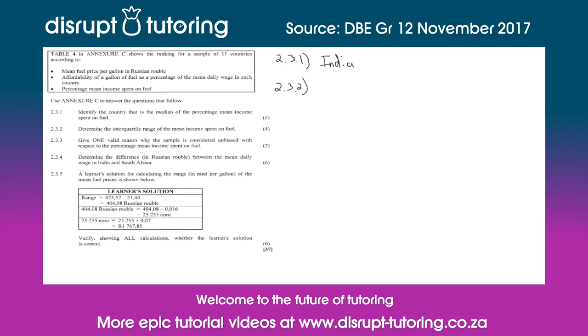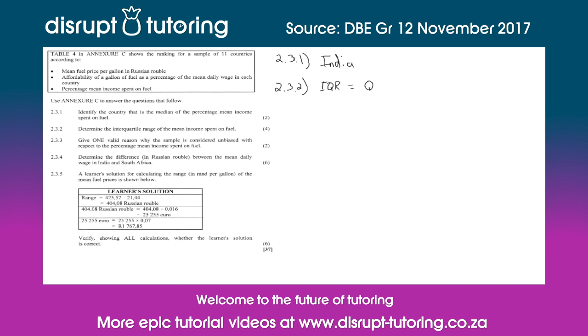2.3.2. They say determine the interquartile range of the mean income spent on fuel. So first of all, we know that the formula for your interquartile range is your third quarter of data.